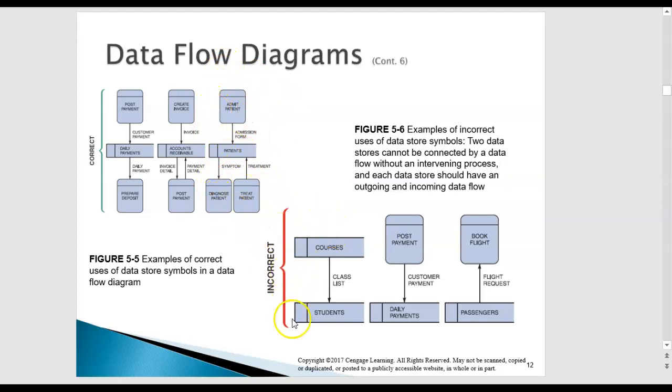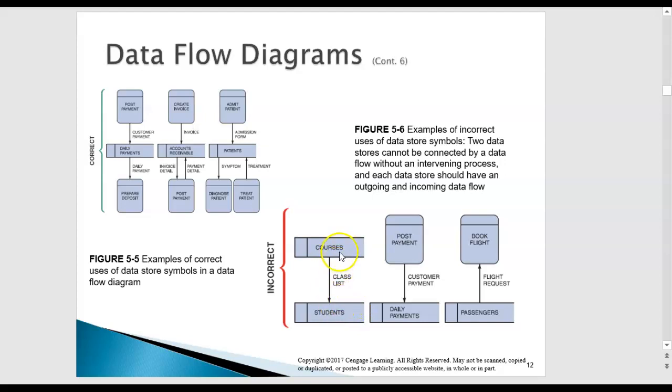Over here in the incorrect ways of creating a data flow diagram, you see in this first one that data is flowing from a data store into a data store. That is not correct because there has to be a process in between through which the data passes and then gets to the new store.